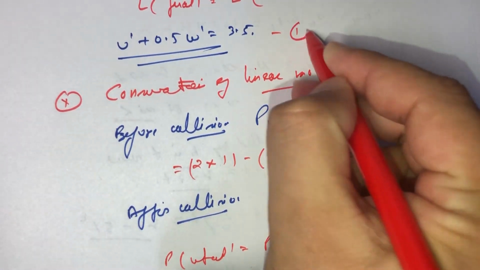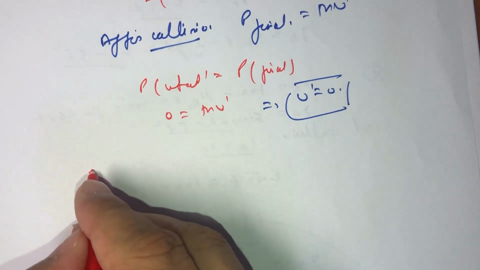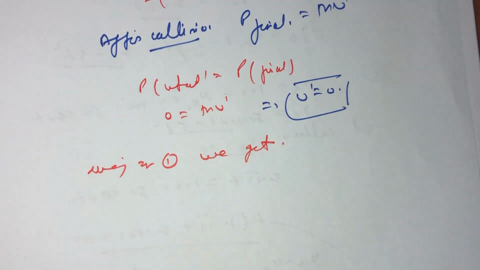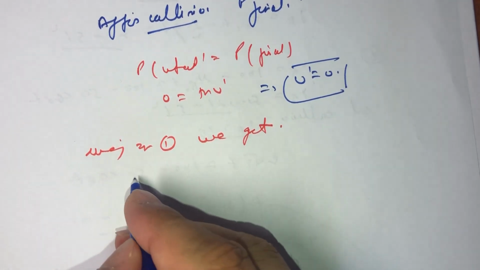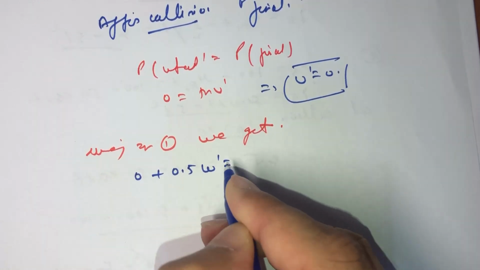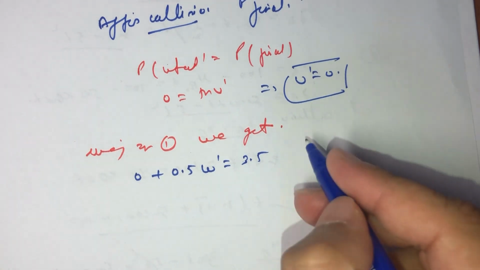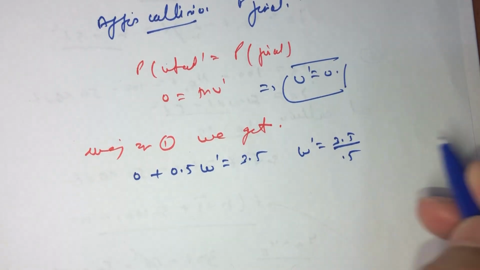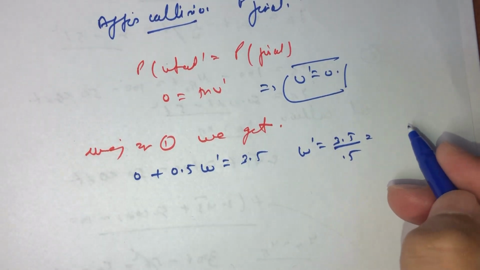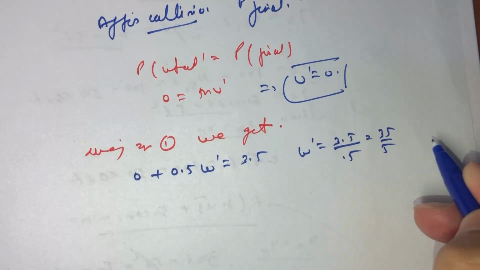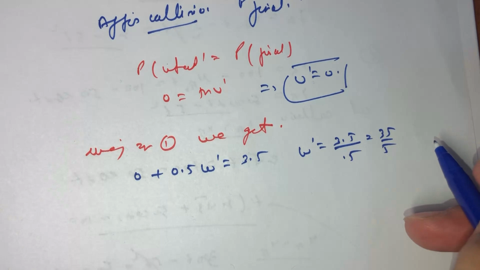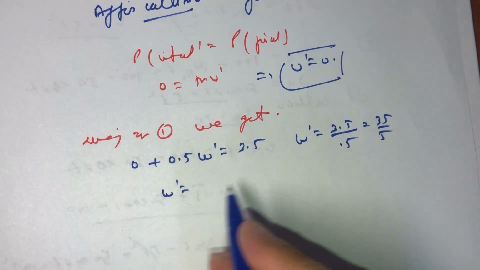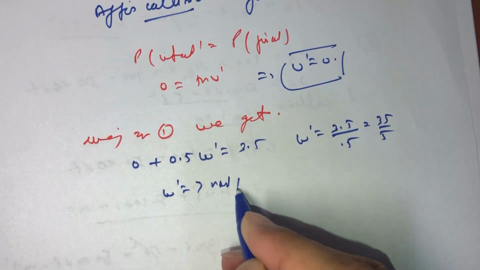Okay, let this be equation number 1. Using equation 1, we get v prime is equal to 0, so we get 0 plus 0.5 omega prime is equal to 3.5, or omega prime is equal to 3.5 by 0.5, so this becomes equal to 35 by 5, and we can say that omega prime will be equal to 7 radian per second.